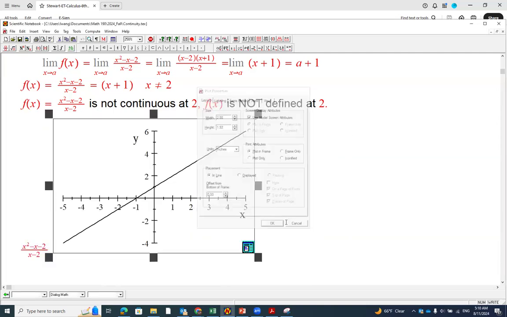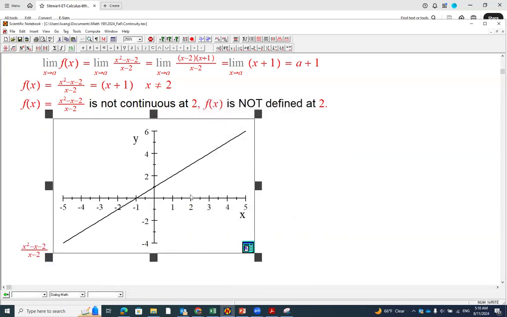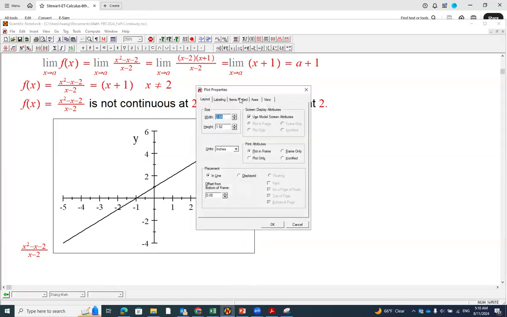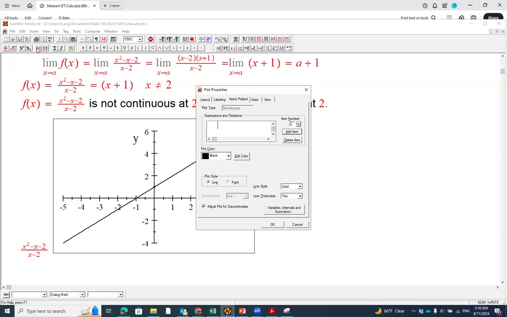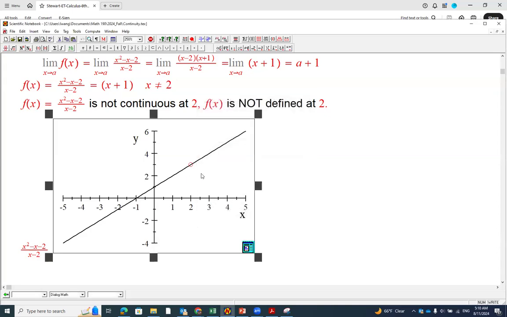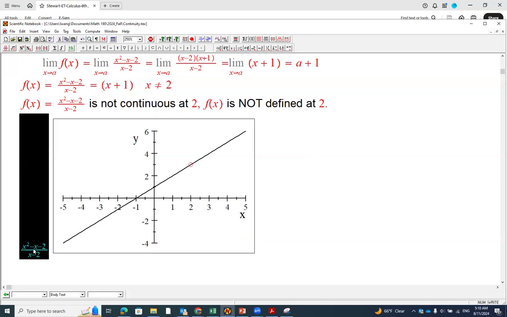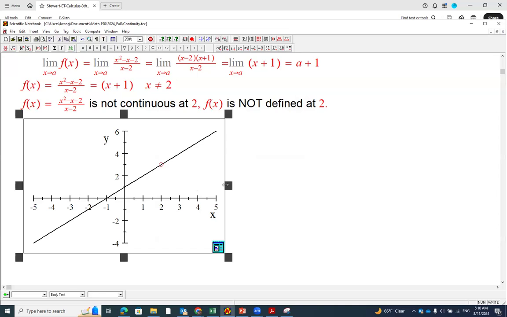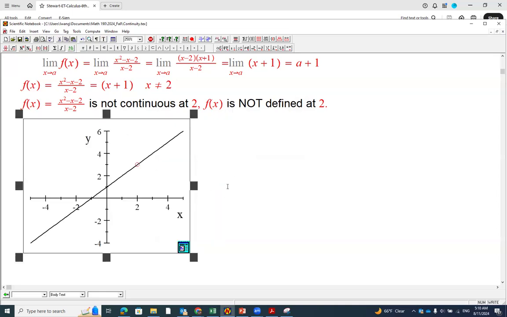The point I was making is that at 2, the function is not defined. So the software doesn't give us that, and we need to put it there. It's not defined there, but it's defined everywhere else. So that's the graph of the function.